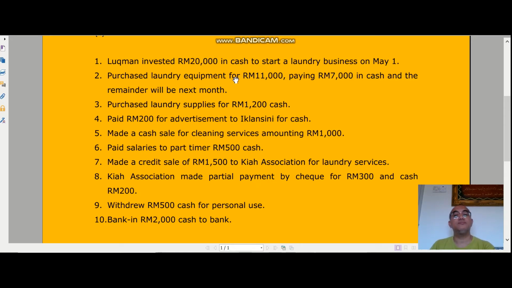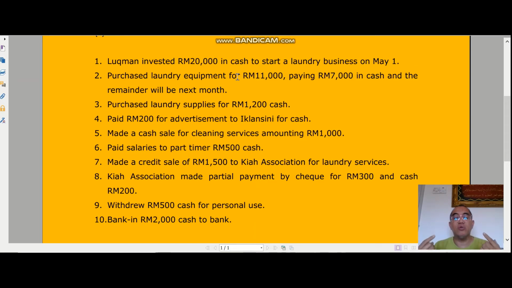And then, because before this we don't have anything to do, and Lukman is not thinking about having a business, so there will be no accounting equation in his head when he thinking of getting a business. Then the accounting equation comes into his head.